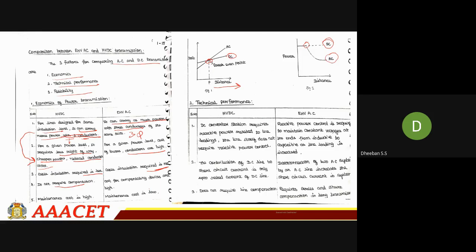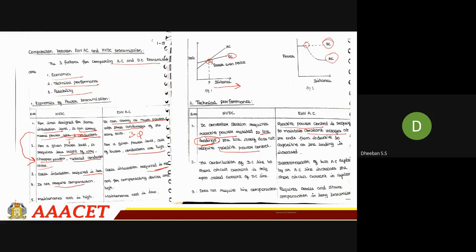Next, regarding technical performance: the DC converter station requires reactive power related to line loadings. This arises mainly from the consumer side. The line itself does not require reactive power control, but reactive power control is required to maintain constant voltages.